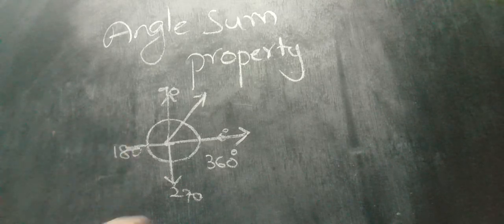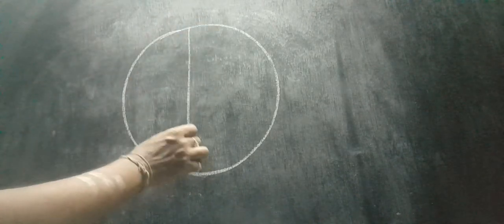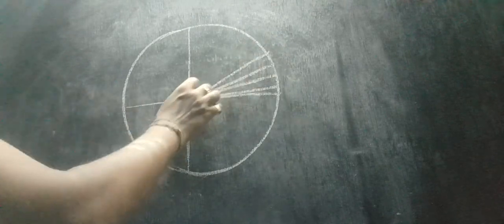So here, what is the meaning of degree? Degree means a circle divided into 4 equal parts, and each part is made up of 90 sectors.